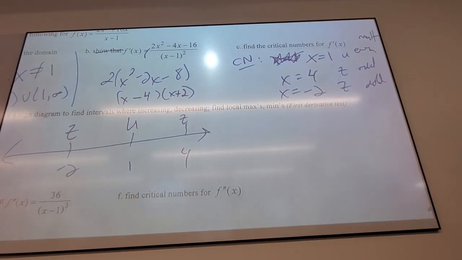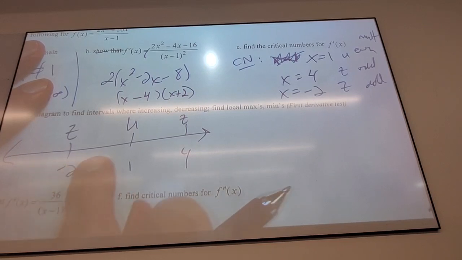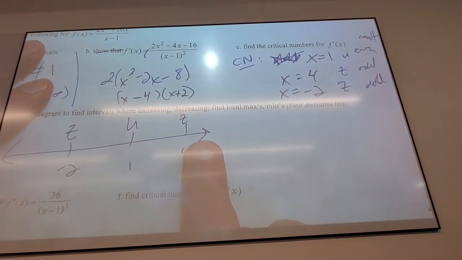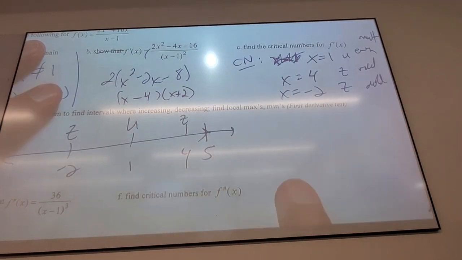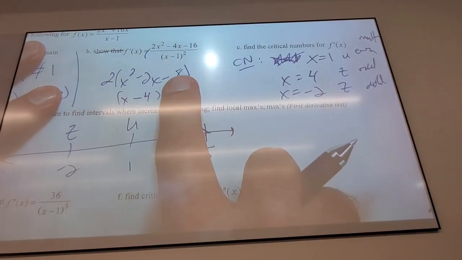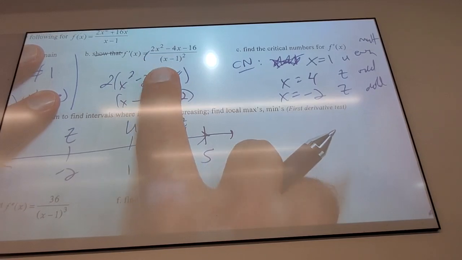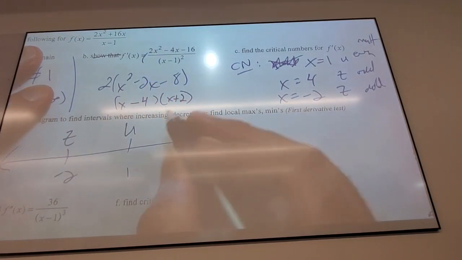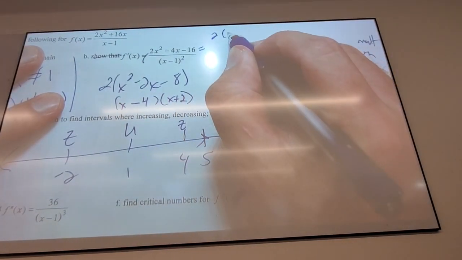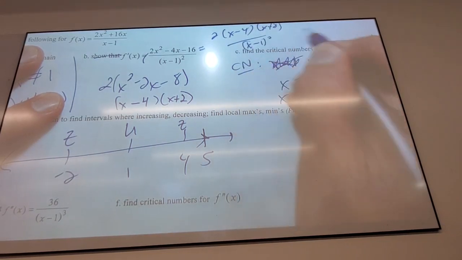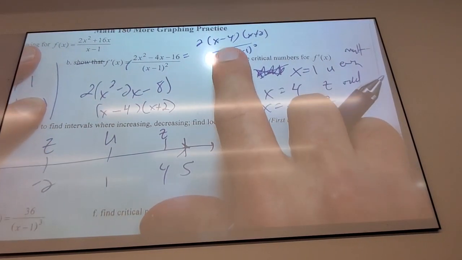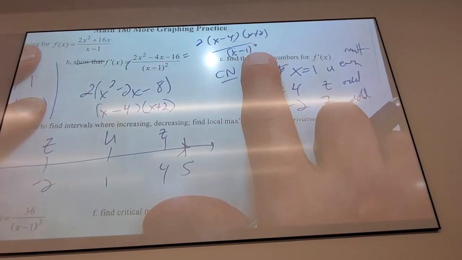What does that mean, Jeff? Well, I have a beautiful shortcut, remember? I don't have to investigate every region. If I put a 5 in, what kind of number do I get out? It's easier to look at this fully factored form. So I get positive times positive over positive.